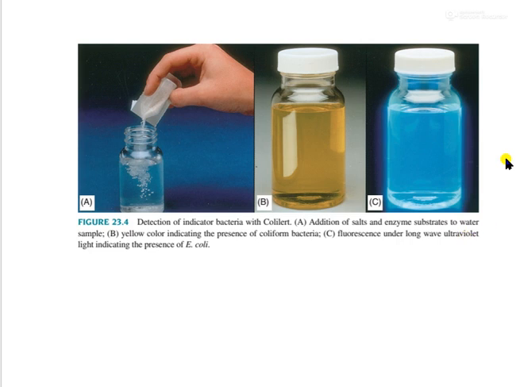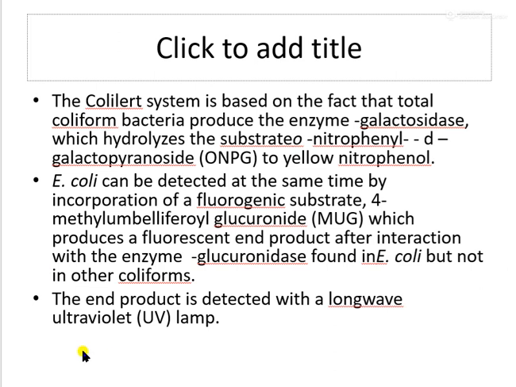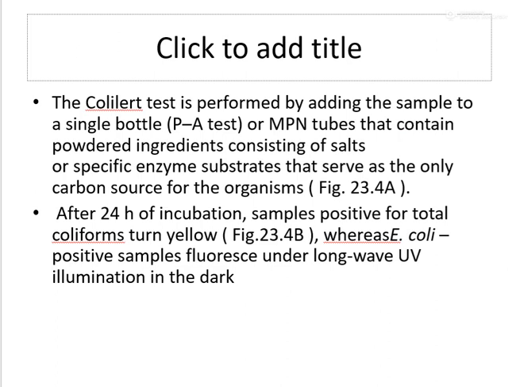Here, MUG has been put, and after MUG has been put, what happens? When you shine the UV light, it will fluoresce, and thus we can indicate that E. coli is present. So the Colilert test is performed by taking a sample in a single bottle for presence or absence, or you can use MPN tubes that contain powdered ingredients consisting of salts or specific enzymes.